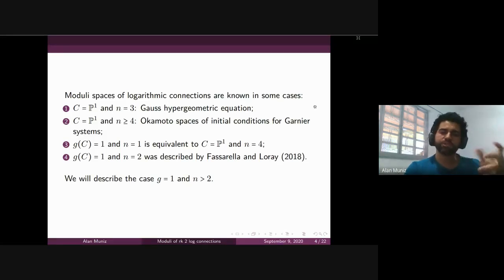If we change the data that we use to define the moduli space, we change the parameters of the hypergeometric equation. But for n bigger or equal to 4, these moduli spaces will be the so-called Okamoto spaces of initial conditions for the Garnier systems. These are very well described.